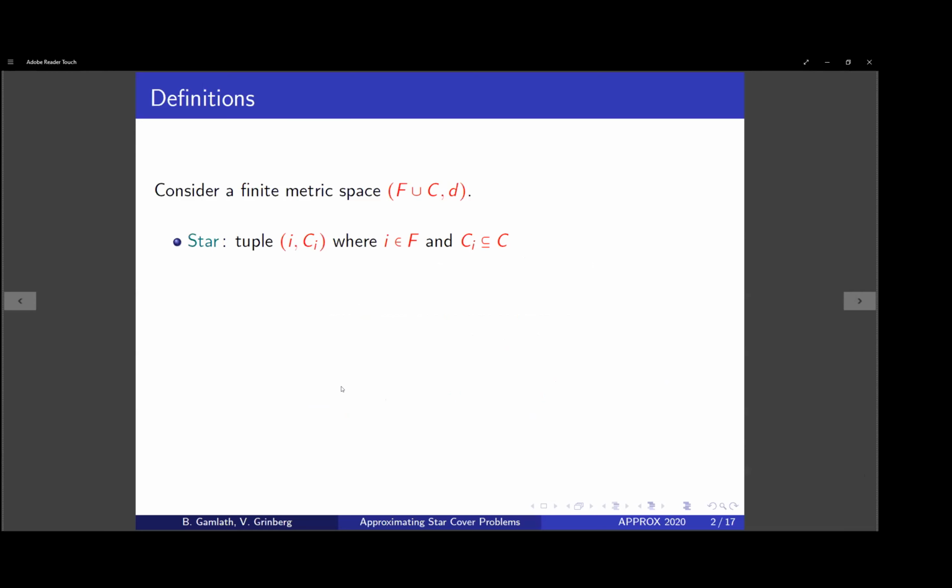A star is a tuple (i, C_i), where i is a facility and C_i is a set of clients. A star cover is a collection of disjoint stars that cover the whole set of clients. So set C is partitioned into different stars associated with corresponding star centers, which are facilities.